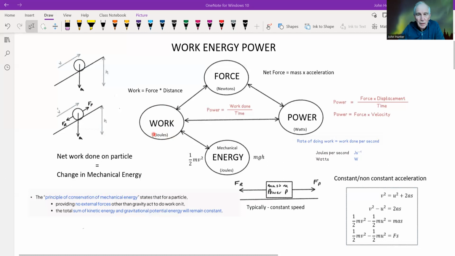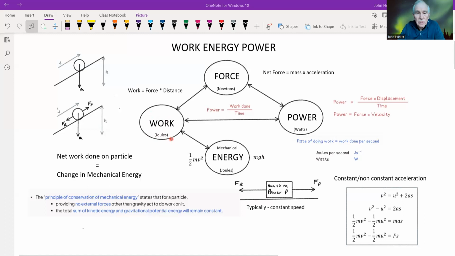If I apply a known force over a known distance, then that product is the number of joules that is added into the mechanical energy or taken away from it, depending whether it's a constructive force or a destructive force. So that is the basic idea of work.